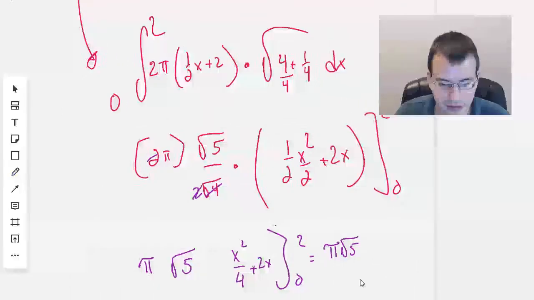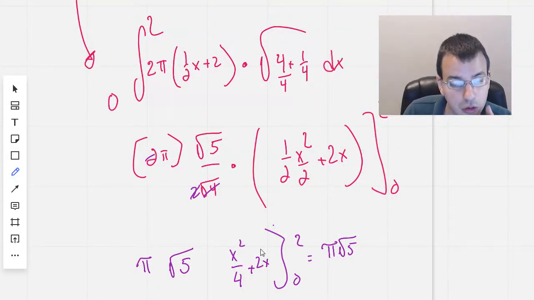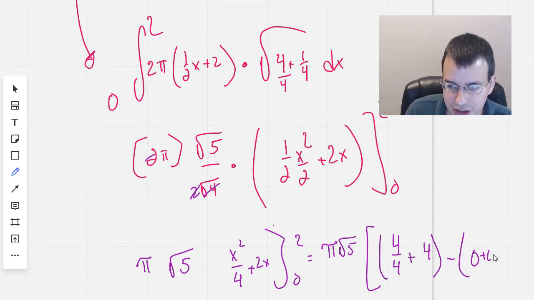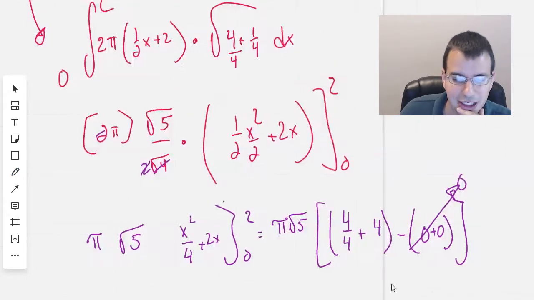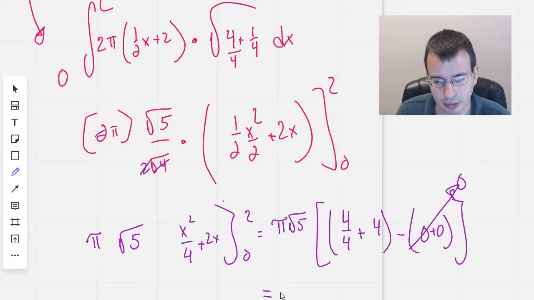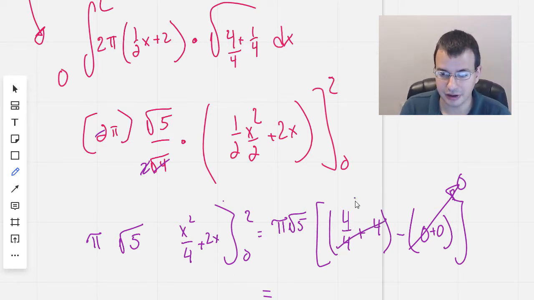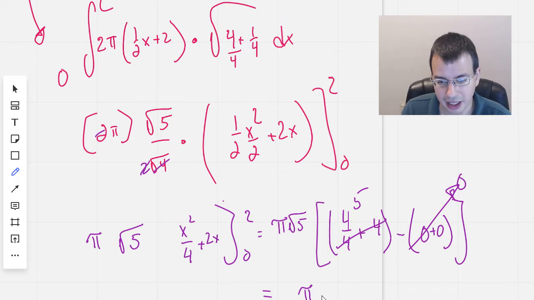And then when we plug in the 2, we have 2 squared, which is 4 over 4, plus 2 times 2, which is also 4. And then we minus 0 plus 0. Those zeros will just cancel out because they are zeros. So this is 4 over 4, this is 5. So we have 5 pi square root of 5.